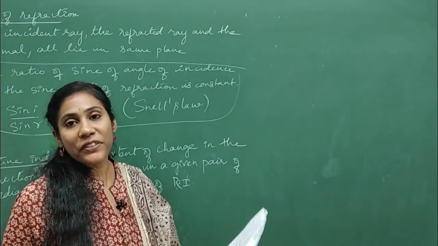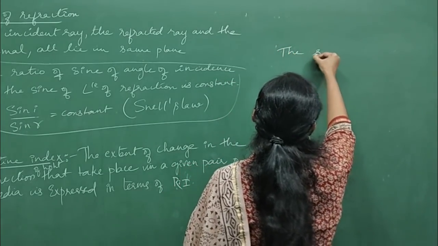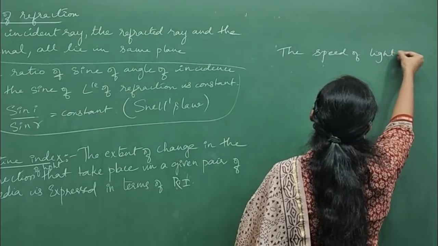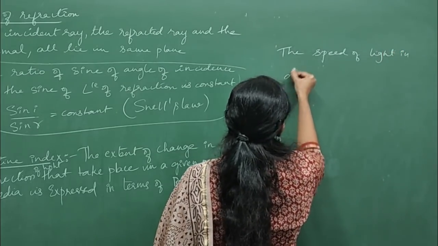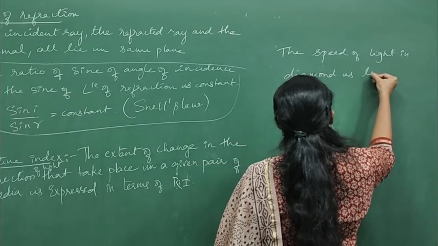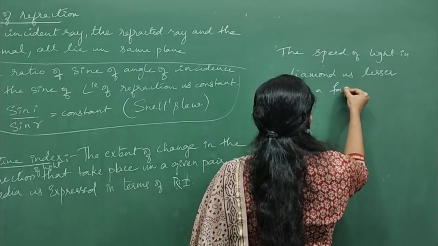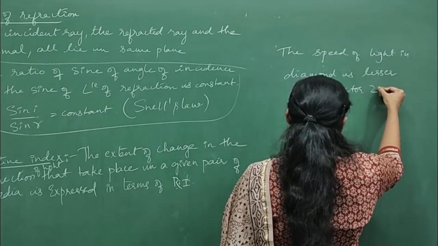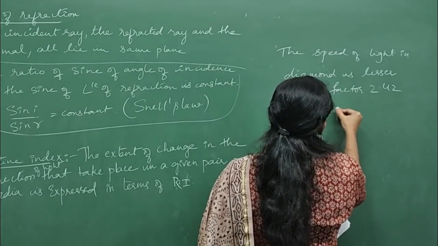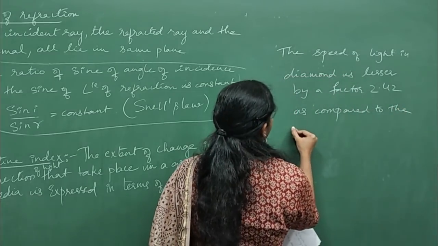And they are asking you, the refractive index of diamond is 2.42. What is the meaning of this? That means the speed of light in diamond is lesser by a factor 2.42 as compared to the speed of light in air.